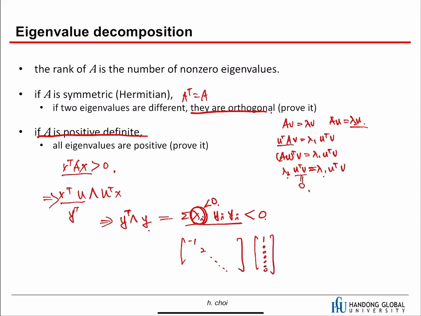Okay, then the sum will be negative. And since U is an invertible matrix, we can choose X to make Y be this vector. So what I'm saying here is that if any lambda is negative, then positive definiteness is not possible. Okay, we can come up with a specific X to make this negative. So all the lambdas should be positive.